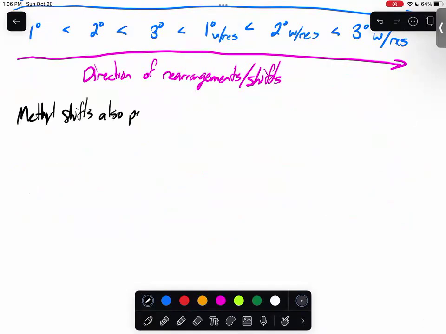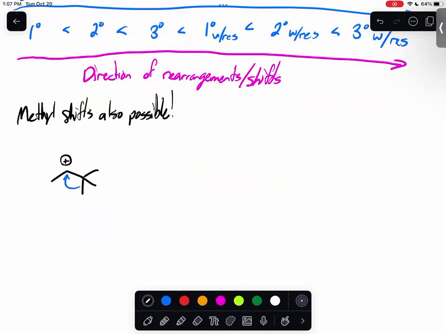What this means is say we have a situation such as this one. In this case, we have this very good quaternary carbon here. It would be nice if we could get over there to make a tertiary carbocation. It looks like we couldn't. But the thing is, these methyl groups can also shift, right?